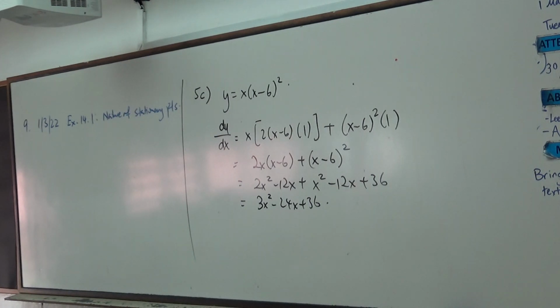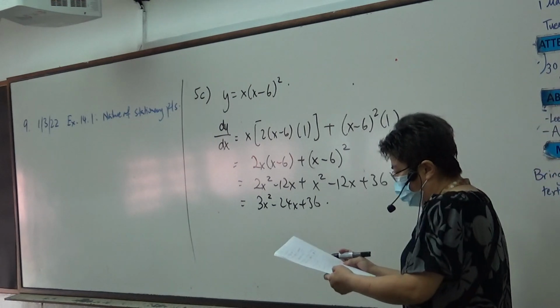Okay, now what did the question say? Look at the question again. They say find the stationary points first, then after that determine the nature of the stationary point. Okay? Alright.